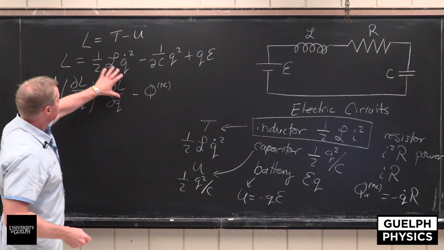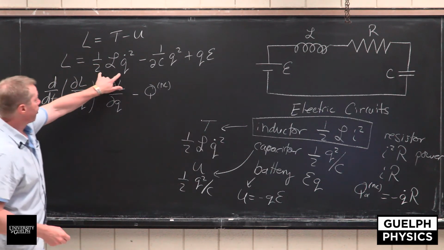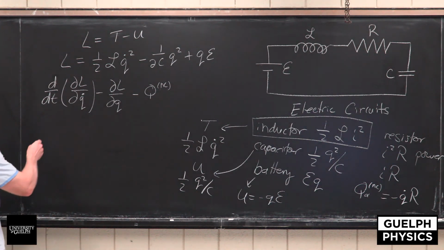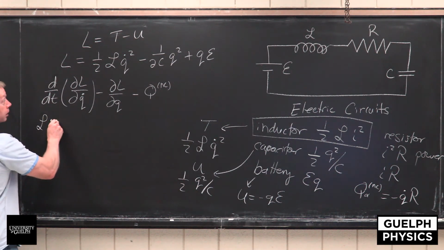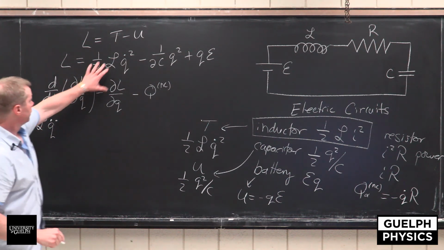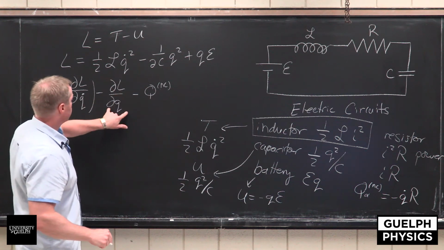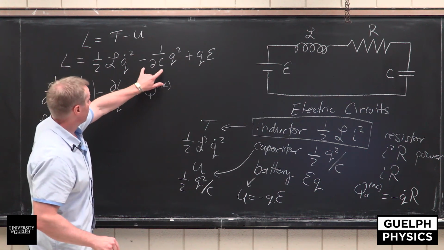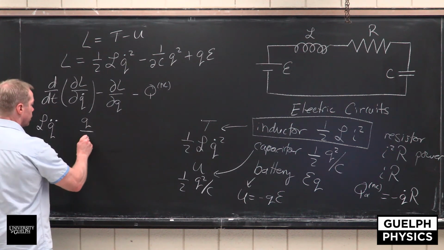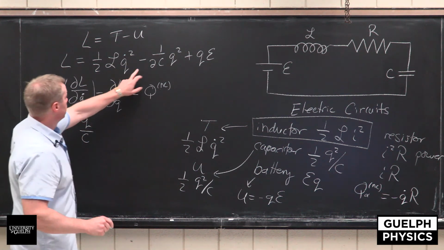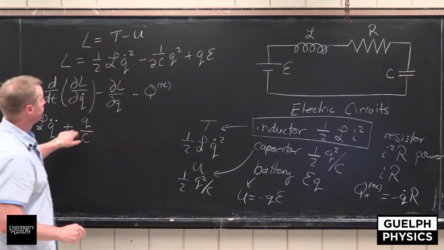So when I do this, I take first my partial with respect to the current, and I'll end up with LQ double dot from this term. And then minus di L by di Q. So that gets me a Q over C. I have a minus here, but I need a minus there, so that's a plus.